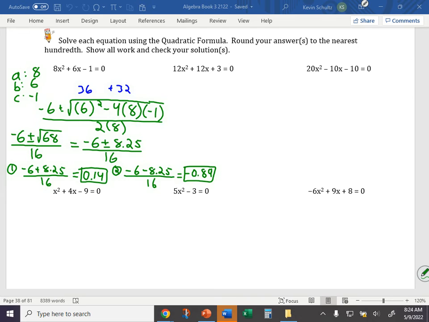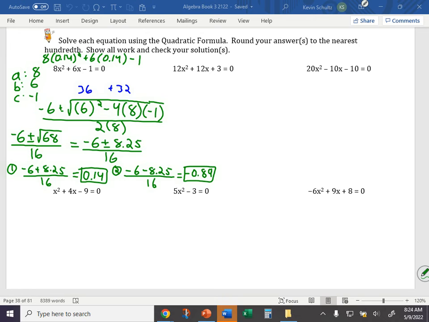Yeah, so you take your 0.14, you go back to the top, you take 8 times 0.14 squared plus 6 times 0.14 minus 1. And you won't get exactly 0, but why is that okay? Max? Because this is a rounded answer.